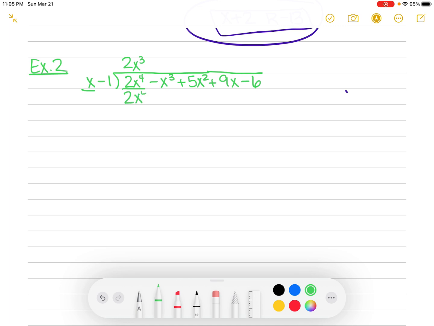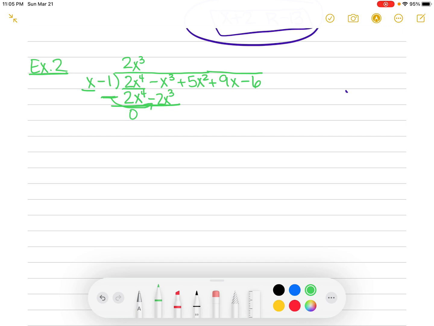So that's going to give me 2x to the 4th. Then I'm going to multiply this. So that's going to give me minus 2x cubed. And hold on, let me erase this arrow. And now I need to subtract both of these. So this comes out to 0. And when I subtract, don't forget the subtraction needs to go to this part too.